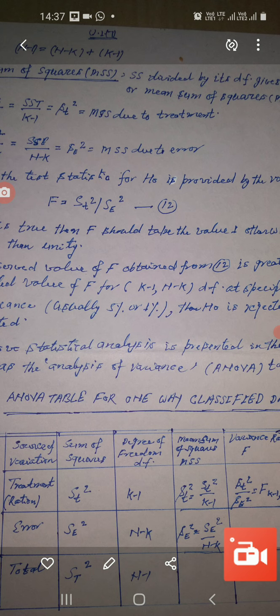And similarly, the third principle is local control. Local control is conducted by reducing the experimental error, and this experimental error is controlled by dividing the heterogeneous field into homogeneous fields. So we will discuss later about the principles of design of experiment and about design of experiment.